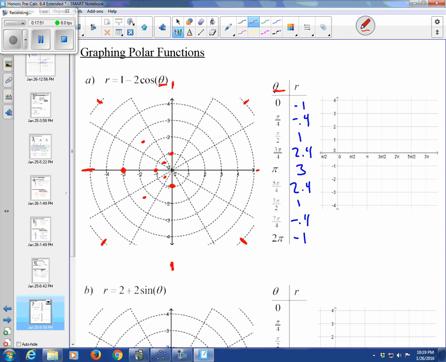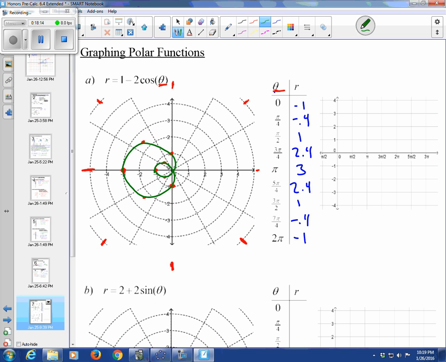And then for 2 pi, I've got that value of 1 again. So right here, what I'm going to do is connect all of these ordered pairs in order. So right here, I'm going to see a graph that looks like this. Approximately like this.